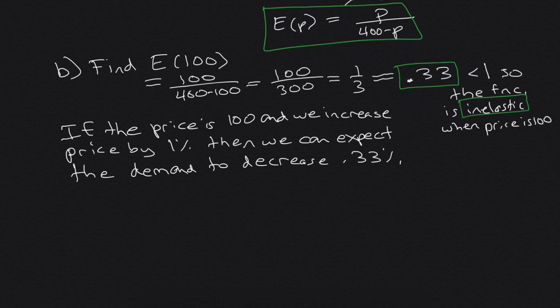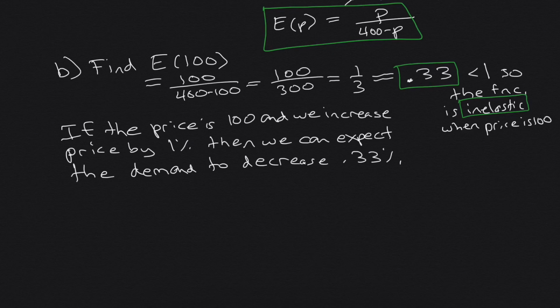Again, we're typically going to get positive answers for these elasticity problems, but that's only because of that negative in the formula, that negative P times F prime of P divided by F of P. So the demand is actually, in this case, and typically, decreasing when the price is increasing. Even though we get a positive elasticity, it's just easier to say 0.33 than it is to say negative 0.33. But the demand is going to decrease here.